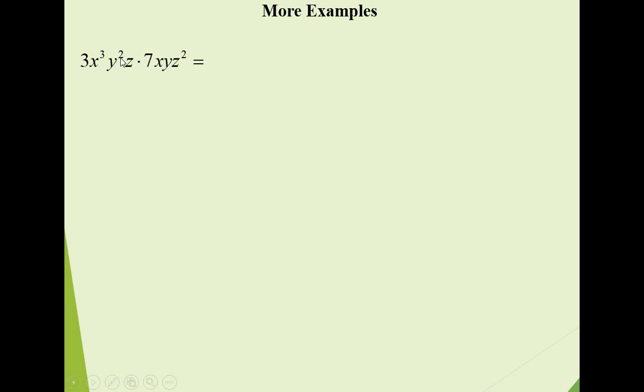Then the same idea for this one is going to be y to the 2 plus 1. Then this one is going to be z to the 1 plus 2. So this is how you would write it. Clear here? So 3 times 7 is going to give us 21, and this is going to be x to the 4th, y to the 3, and z to the 3. So that's it there: 21x to the 4th, y to the 3rd, and z to the 3.